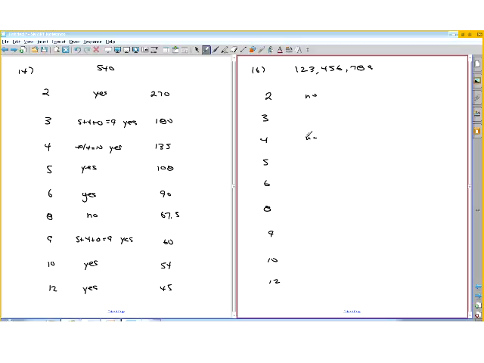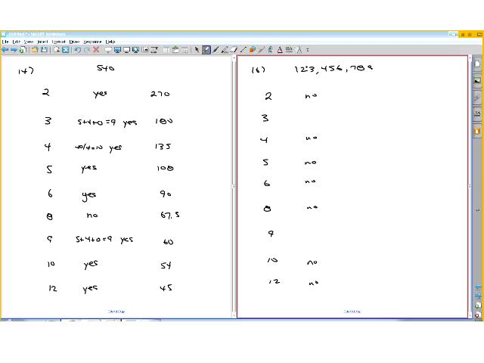So we're going to say no, no, no, no, no, and no. Okay, for 5, there's no 0 at the end, so it's no. So the only ones left are 3 and 9.